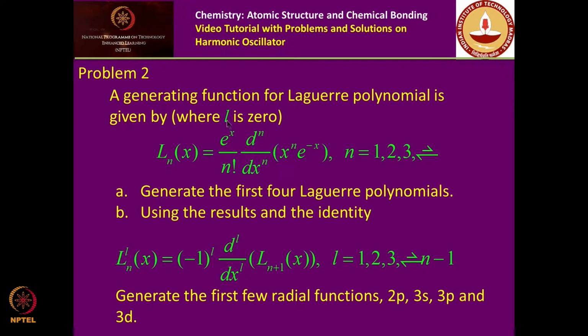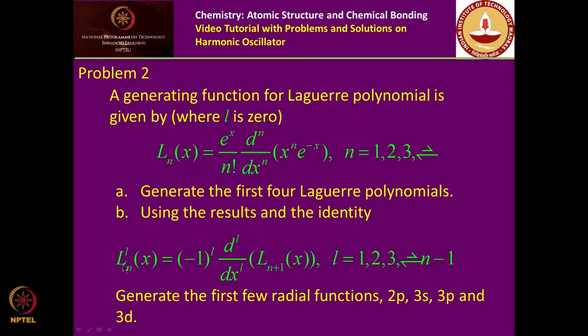In the case of the hydrogen atom, the Laguerre polynomial has two indices, n and L. Here we have the Laguerre polynomial with L equal to 0, the first expression. It is again a repeated derivative of a function, and use this to generate the first 3 or 4 polynomials. Why do we need that?